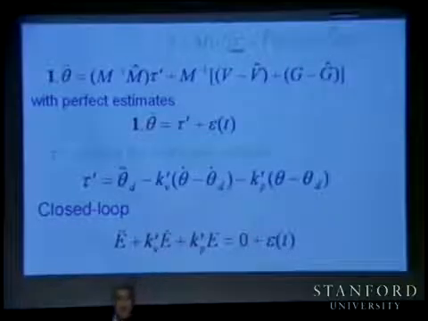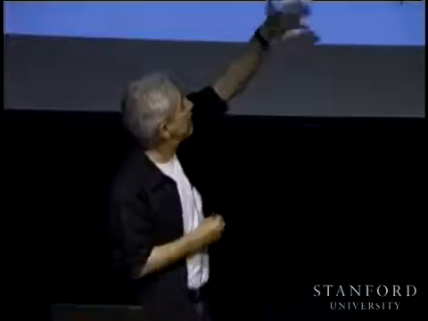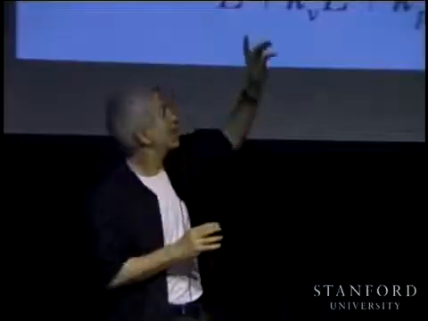If you make a mistake in your estimate of centrifugal and Coriolis forces, you might create a sort of negative feedback in velocity, which could destabilize the system. So in fact, if you do not know v hat well, it's better just to treat v hat as equal to 0 rather than making a wrong estimate. Besides v hat, errors in g or in m are not a problem for the stability, it's v hat. And if you don't have a good estimate, you can just use a 0 estimate of v hat. Okay.